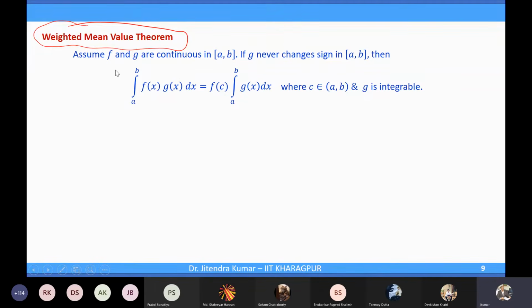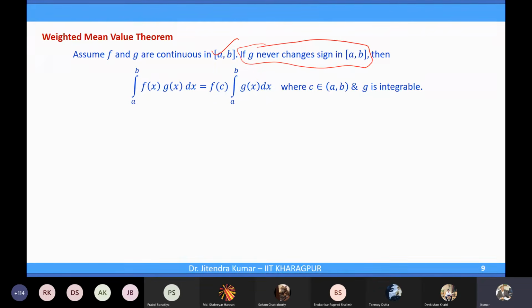Here, what do we have? Let me go through the statement: f and g are continuous in the interval AB, and there is another condition that g never changes sign. So if it is positive, it will remain positive; if it is negative, it will remain negative.